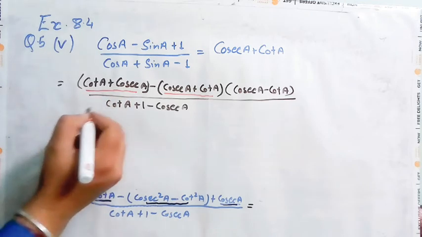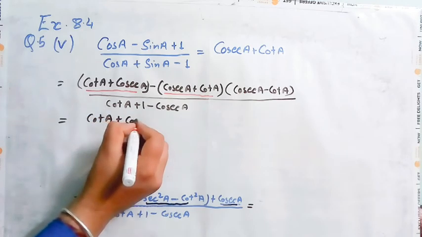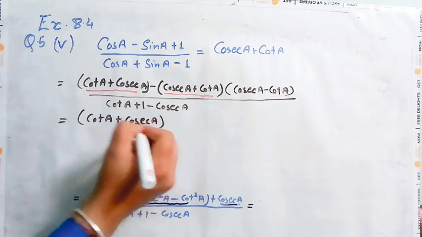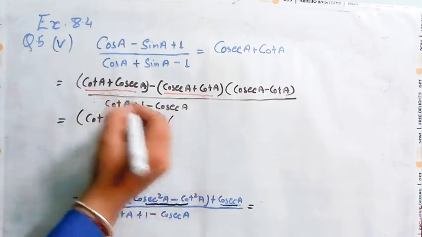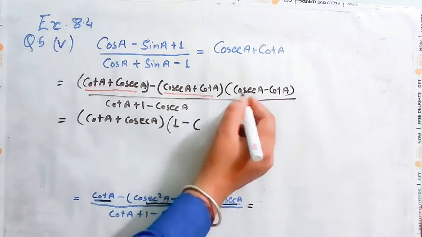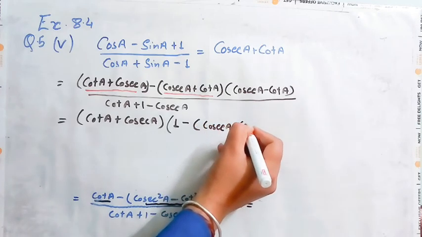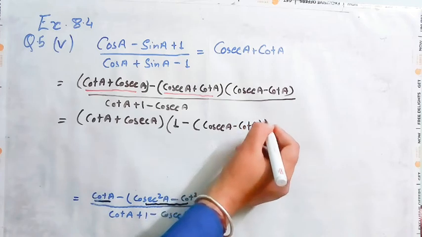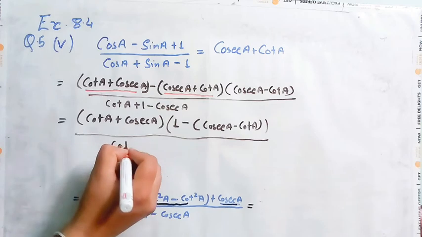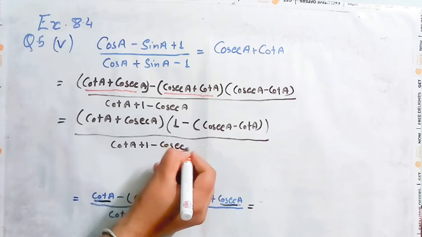So take it common, cot A plus cosecant A, and at the place of the first part we have 1, at the place of the second part we have cosecant A minus cot A, whole divided by the denominator as it is, that is cot A plus 1 minus cosecant A.